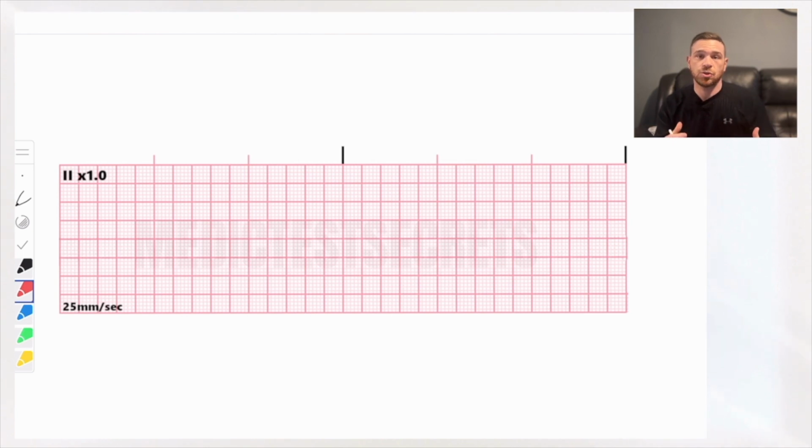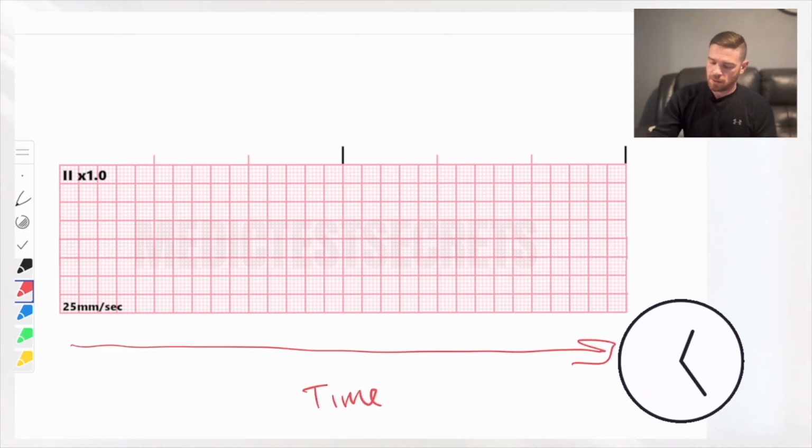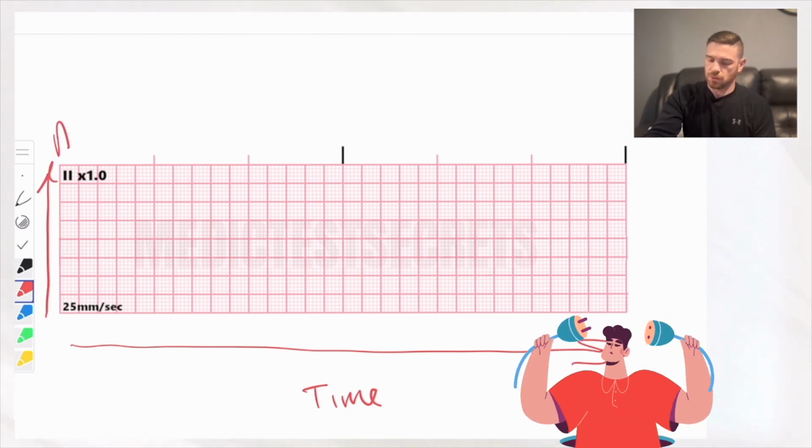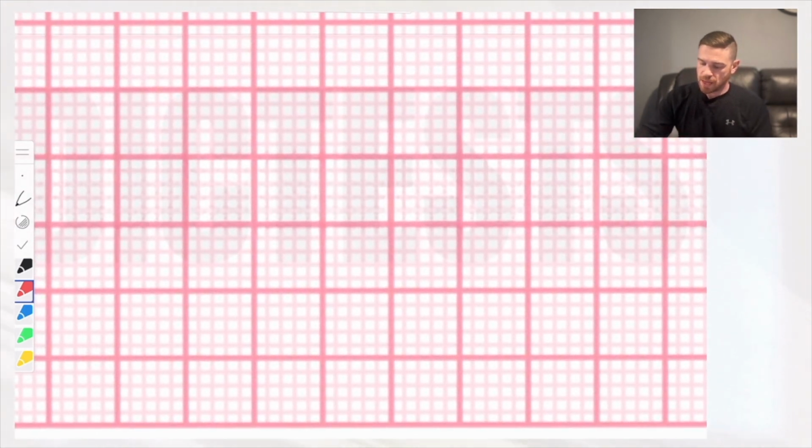So the paper is used to look at time and amplitude. What does that mean? When we go from left to right, we will see beats across the paper, and from left to right is a certain amount of time. Now, if we zoom into these boxes, we can see that there are small boxes and larger boxes.